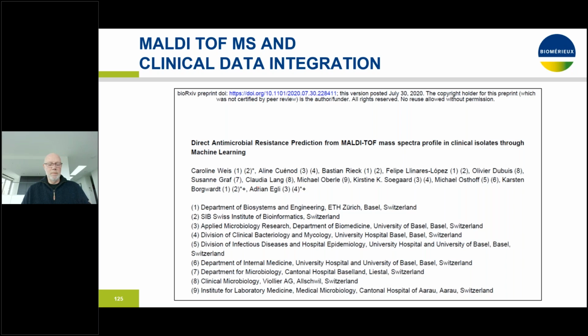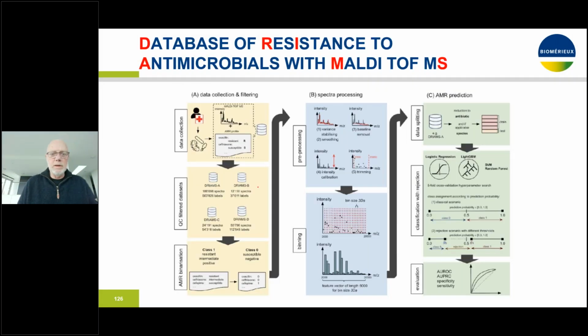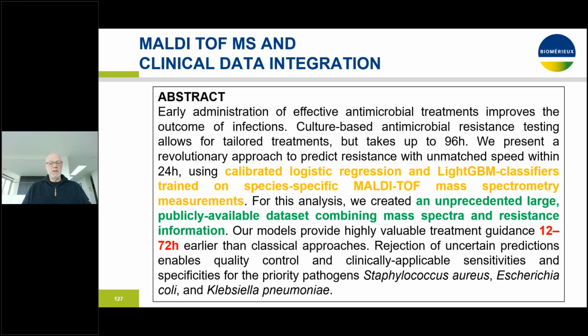They published it in bioRxiv, where they showed that if you use your MALDI-TOF spectra in combination with phenotypic antimicrobial susceptibility data for the same strains, and you merge that, and they developed a method they call DRIAMS, something, where they essentially merged the resistance data with the spectra, and came to novel insights with respect to the association between a spectrum and markers, maybe hard to identify by eye in those spectra, associated with a classical antibiogram. That to me is going to be really paradigm changing.